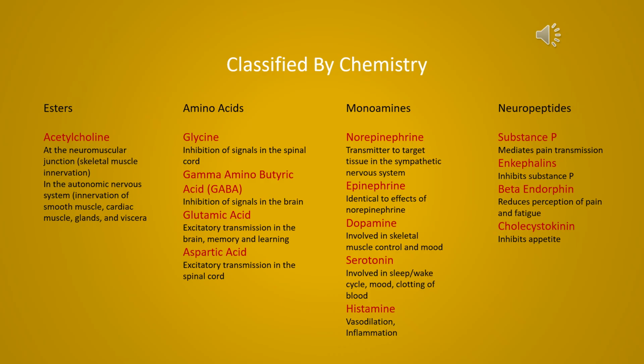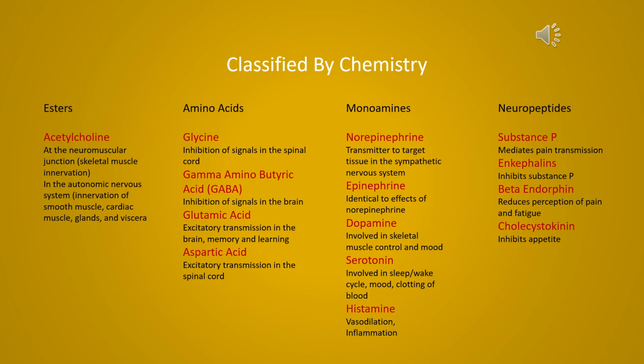Gamma-aminobutyric acid, or GABA, is another amino acid which, when it binds to the receptor, will open chloride channels, creating an inhibitory postsynaptic potential. The difference between the glycine and the GABA is that GABA is an inhibitor in the brain. Glycine is primarily an inhibitor in the spinal cord.